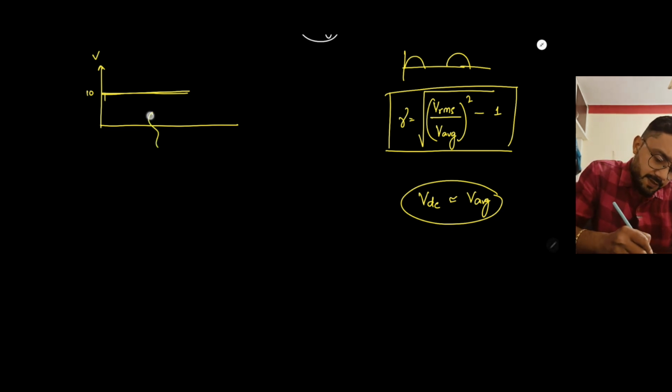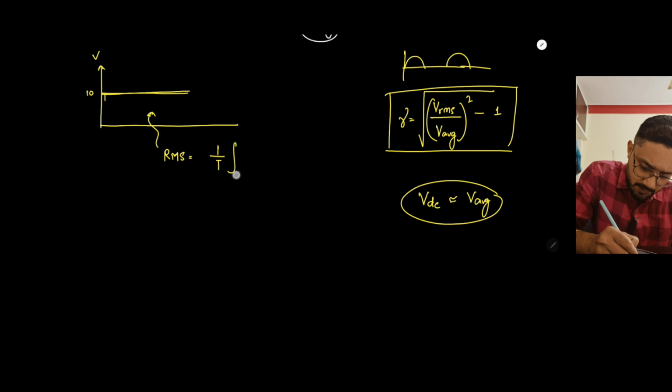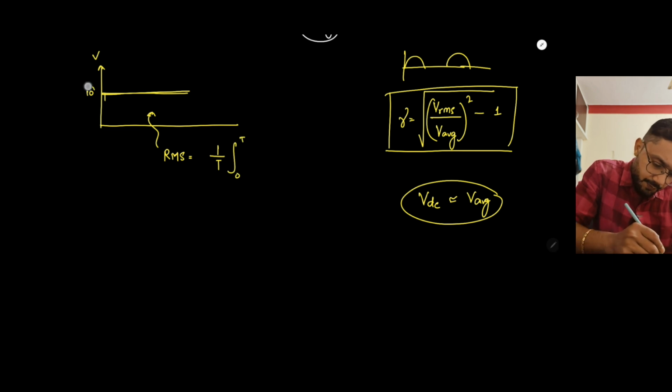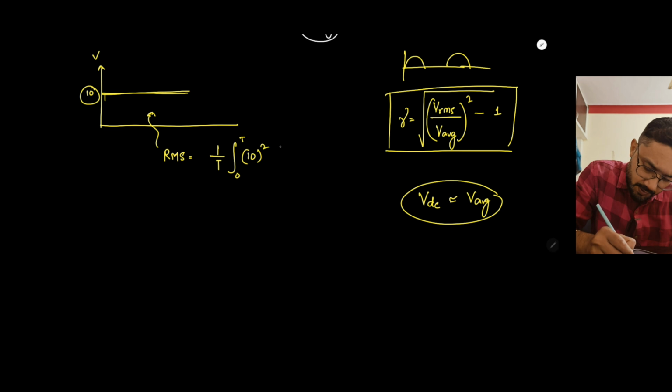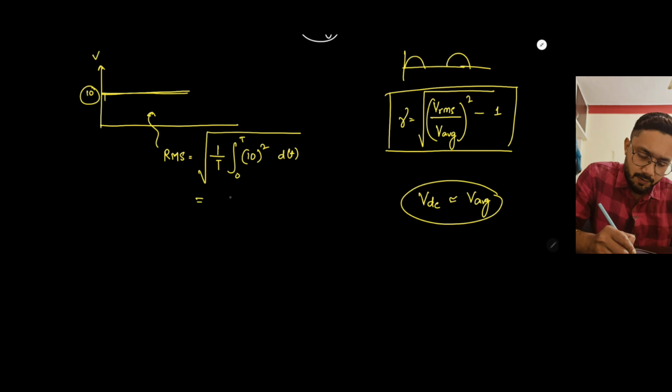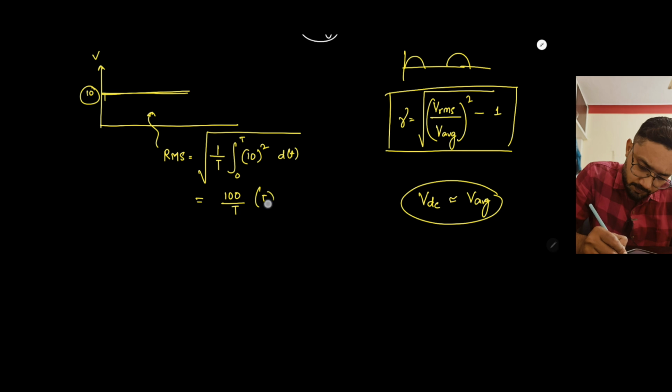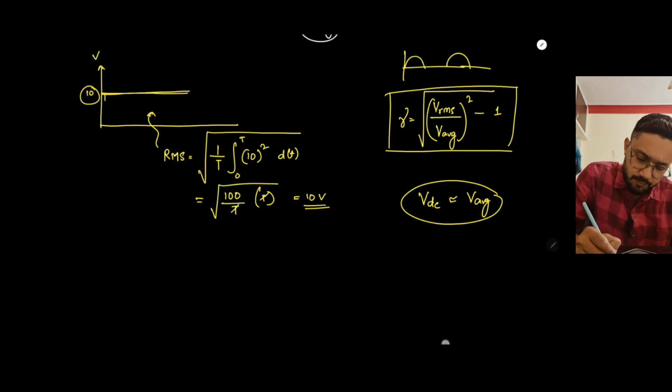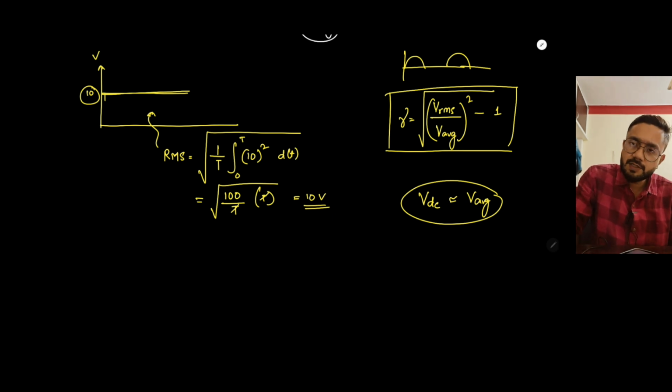Now let's calculate the RMS value of this waveform. So what will be the RMS value of this waveform? We can calculate it like this: 10. So the RMS value of this waveform is 10 volt.